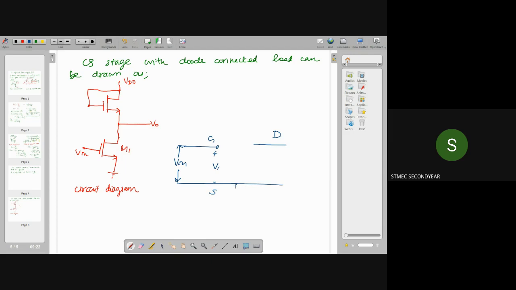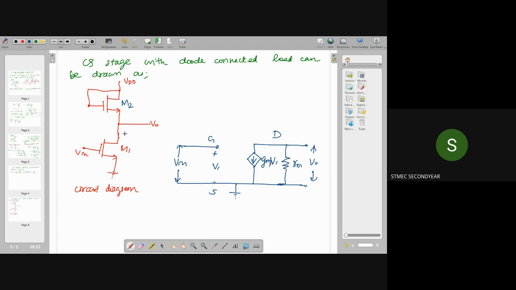Okay, and source terminal is grounded, and between drain and source, we will be having gm1 into V1. Okay. When gm1, M1, M2 represent, this can be represented as gm1 into V1. Okay, and here it is ro1. So for the corresponding transistor M1, you can draw the equivalent circuit like this. Okay, right. So this is corresponding to M1.